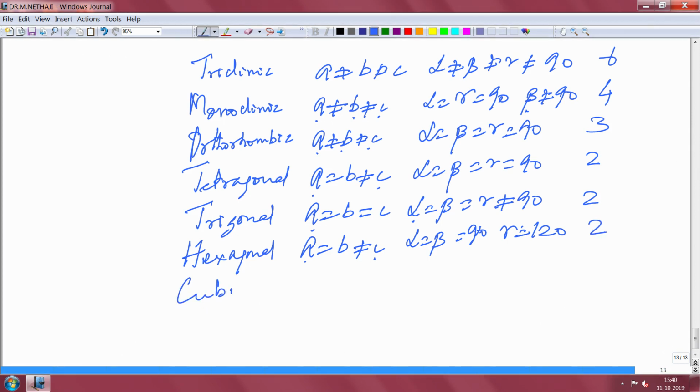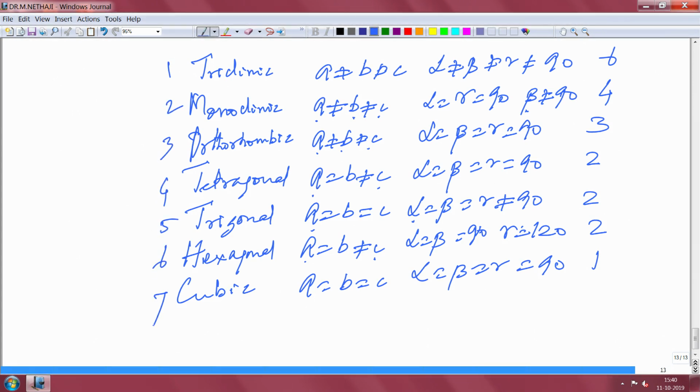Then comes cubic: a = b = c, alpha = beta = gamma = 90. So one variable. Now when you take these 7 systems, 1, 2, 3, 4, 5, 6, 7, the lowest is the triclinic system, where no symmetry is possible, but only inversion.